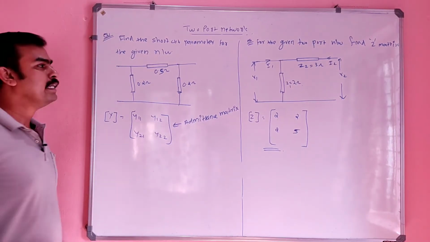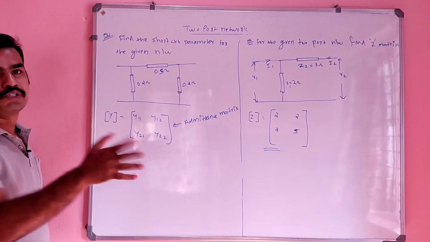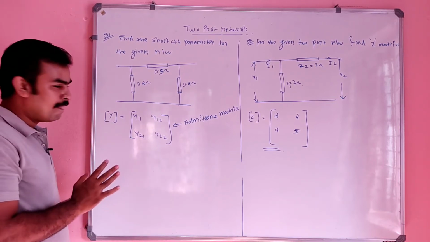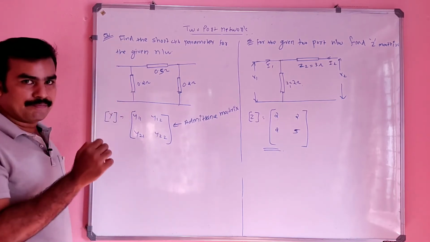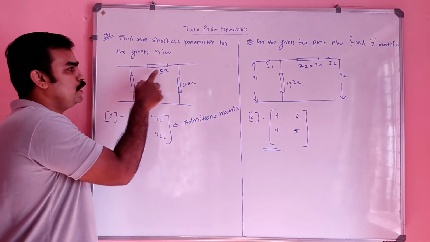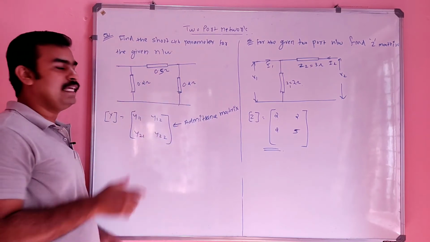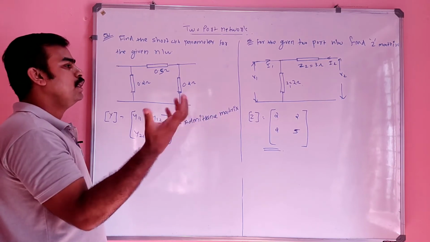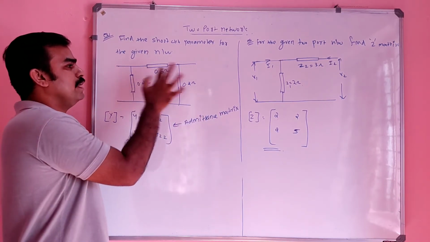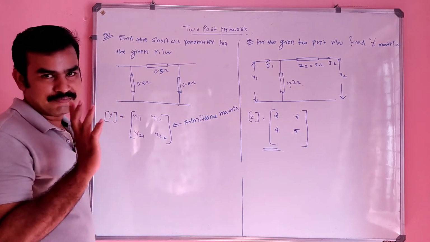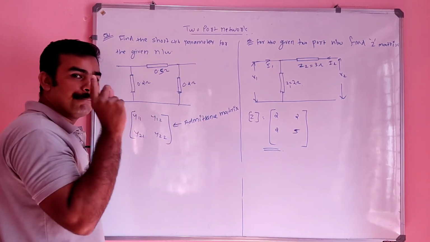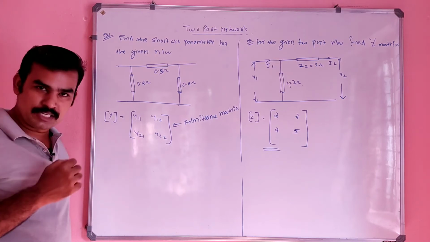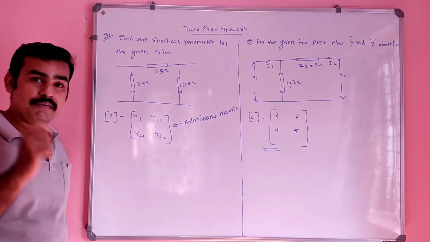There is no change in that. This is also a pi network. But in the original figure, when I took the Y admittance matrix class, the elements were Y1, Y2 and Y3, in mho, or ohm raised to minus 1, in admittance form.